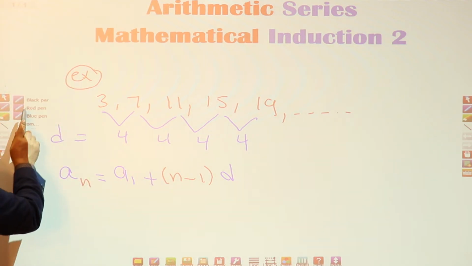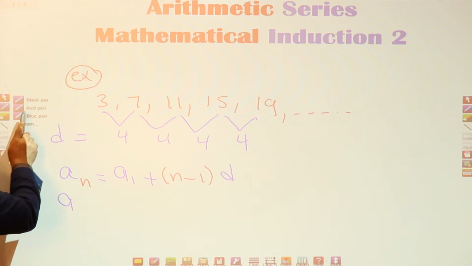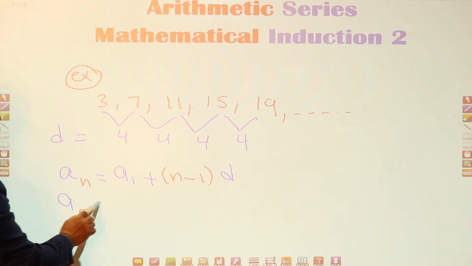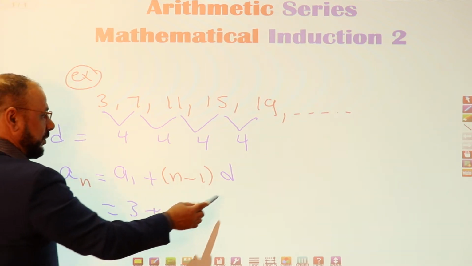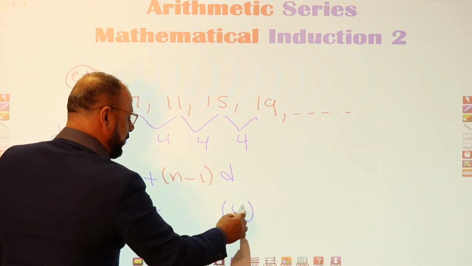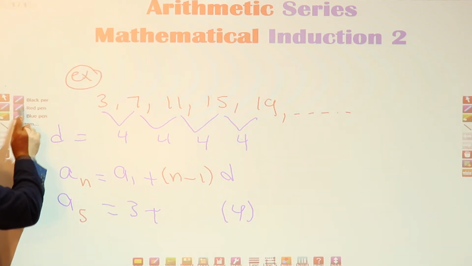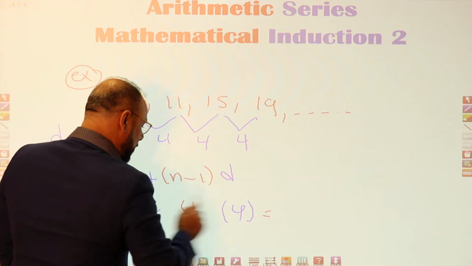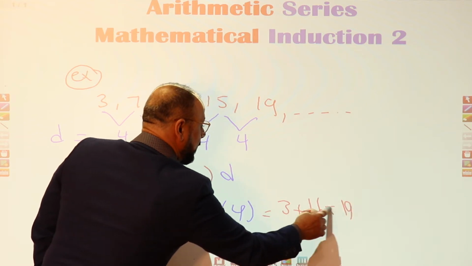If I need to find the fifth term, the fifth term equals the first term, which is 3, plus d, which is 4, times n minus 1, 5 minus 1 is 4. Multiply first: 3 plus 16 is 19.